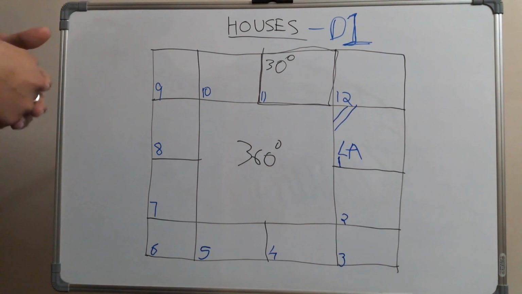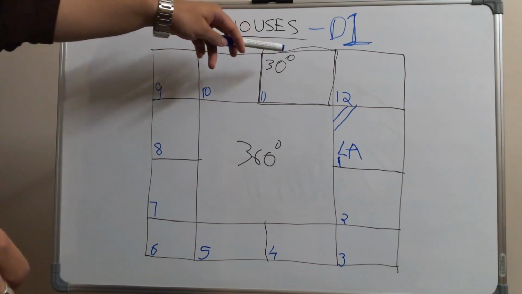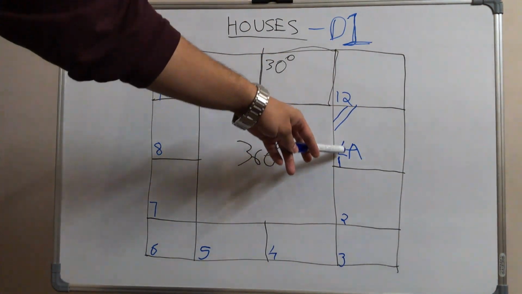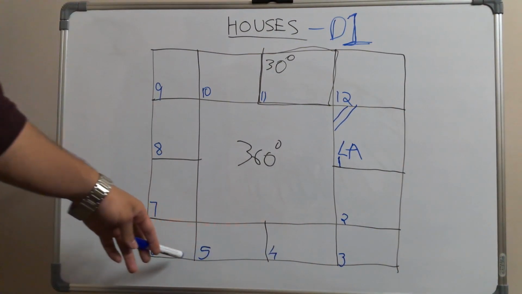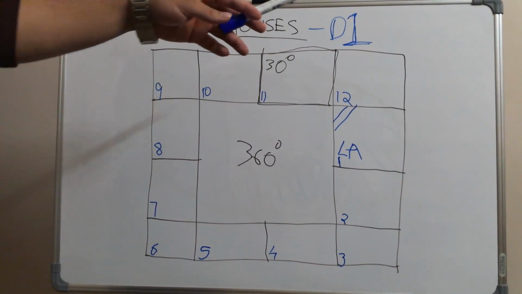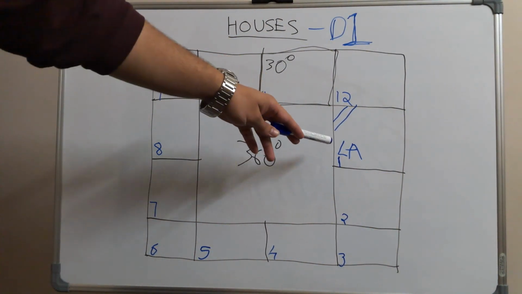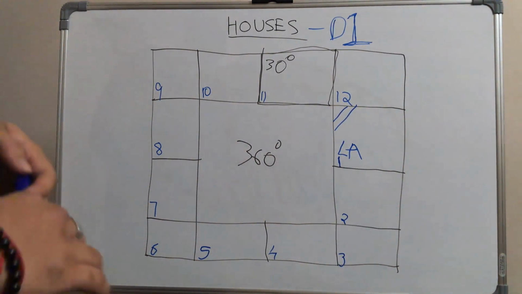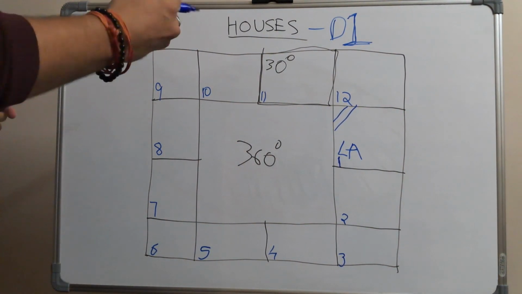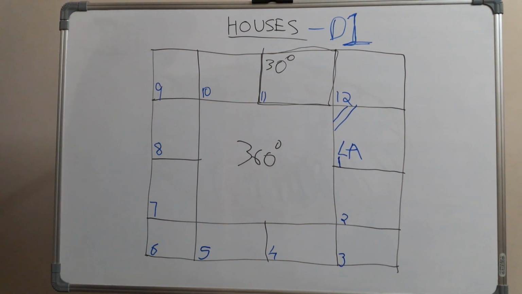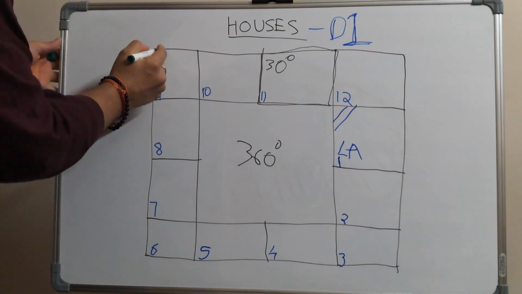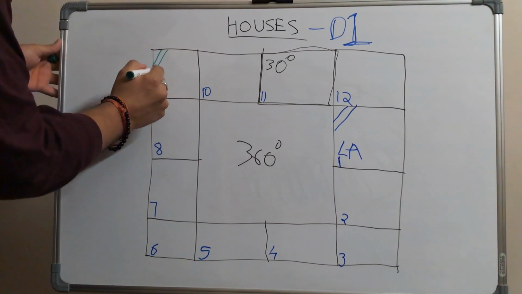Okay. So when it comes to houses, now we know that these all go clockwise and wherever Lagna is situated. Suppose Lagna was here for a person. Wait, I'll change the color. Now let's say Lagna was here.